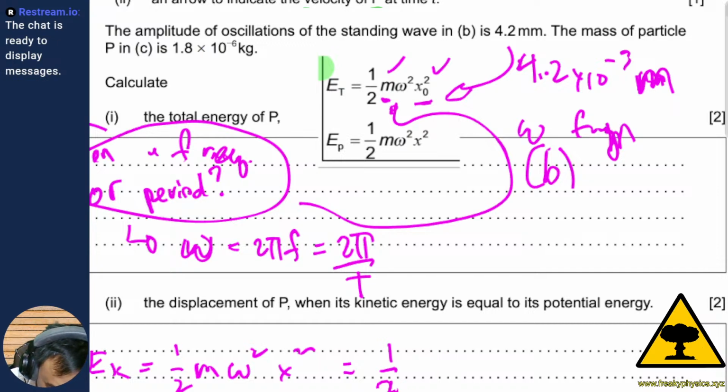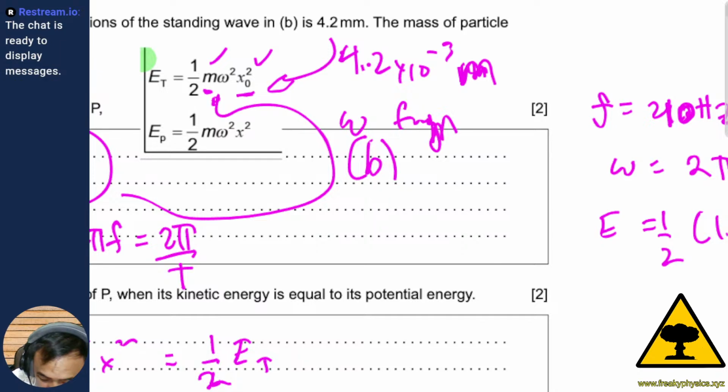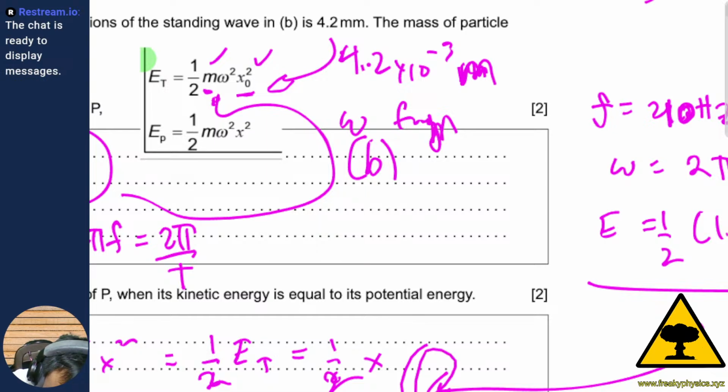Okay, 1/2 E_T, because half of the energy will be in kinetic and half would be in potential. So if we do that, let's just finish the formula. Again, we're not going to solve it for the interest of time. We're going to be left there with 1/4 times, actually, no, let's just not do it like that. This is just going to be 1/2 times whatever this is.